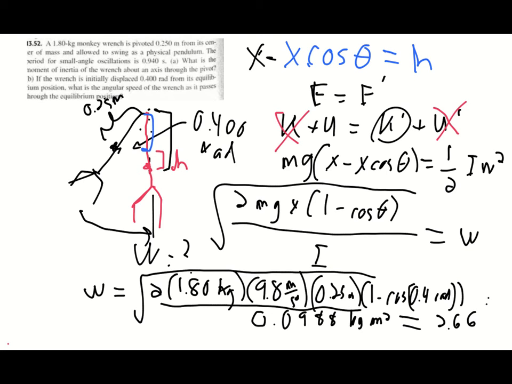And it's going to be radians per second. So that's the speed at which the wrench got to the bottom of that pivot.